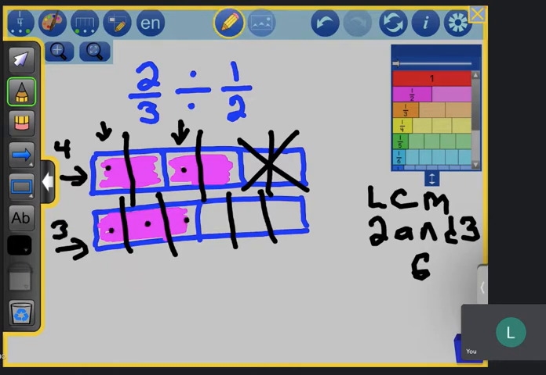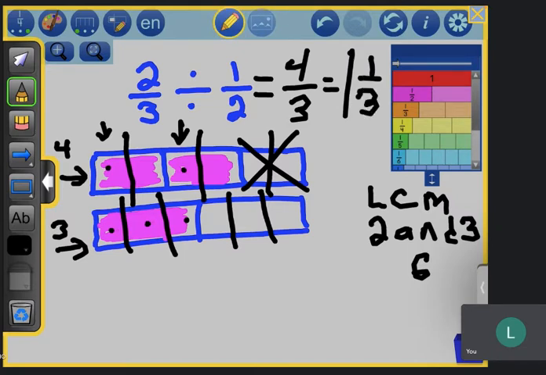Now mathematically, our answer should be 4/3, and 3 goes into 4 one time, 1 left over, and 1/3 is left over. So mathematically, once I split both models into sixths, their denominators become 6. And we have 4 out of 6 divided by 3 out of 6.